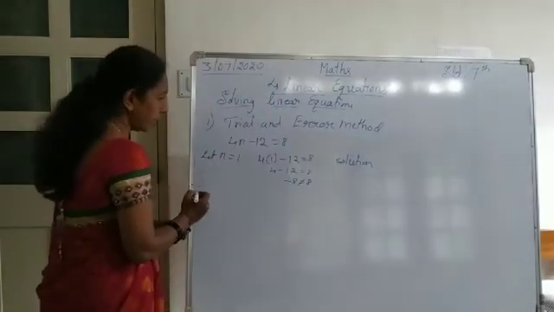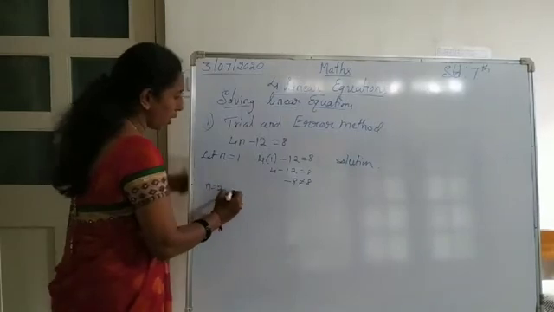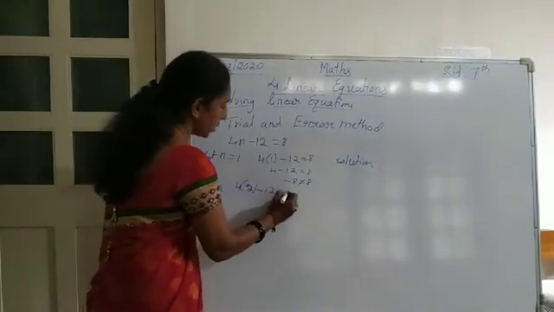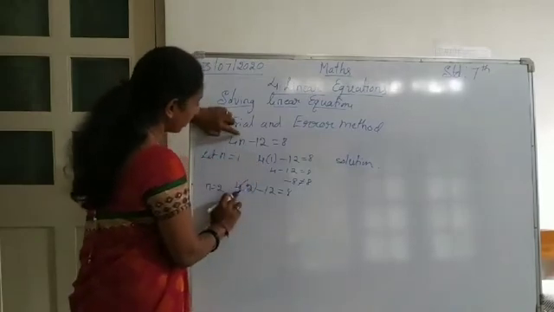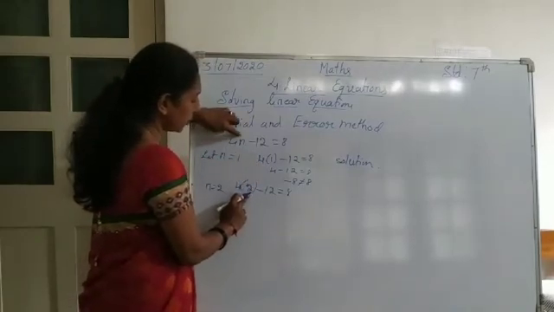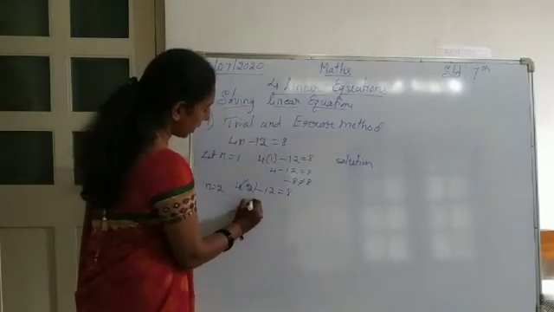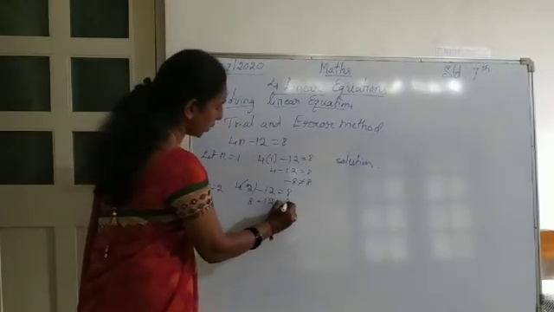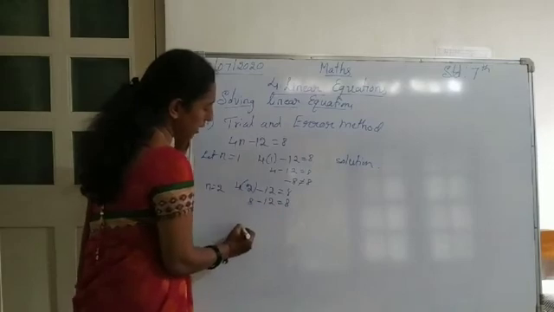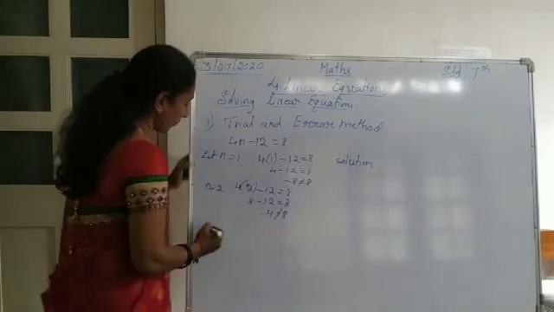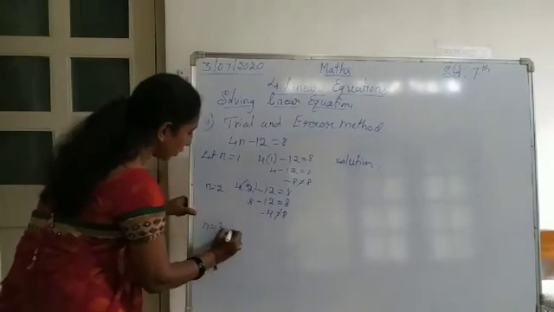Now let me take n is equal to 2. 4 into 2 minus 12 is equal to 8. 4 2s are 8, minus 12 is minus 4, is equal to 8? No.